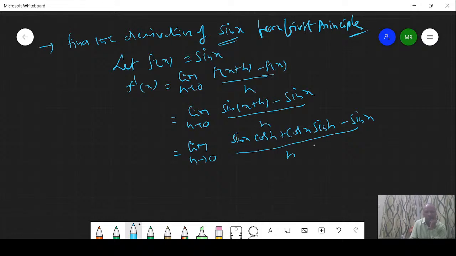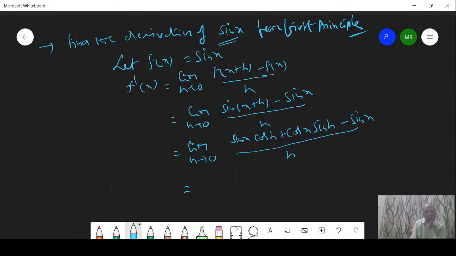If I apply h tends to 0, how to simplify this is what is important here. I can separate this limit into sin x cos h by h and cos x sin h by h.